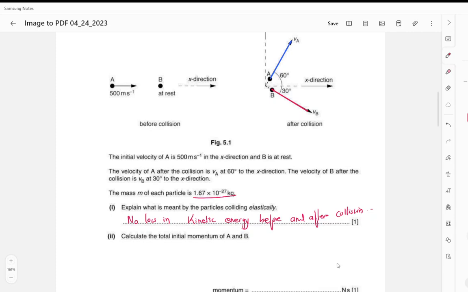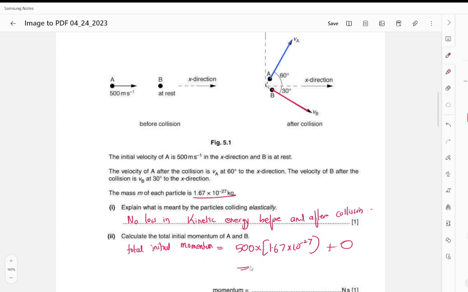Calculate the total initial momentum of A and B. B has no momentum because B is stationary. A is moving. So total initial momentum must be equal to, direct कर लेते हैं इसको, तो ये हो जाएगा 500 multiplied by the mass, which is 1.67 into 10 raised to power minus 27, plus 0, because B is not moving.